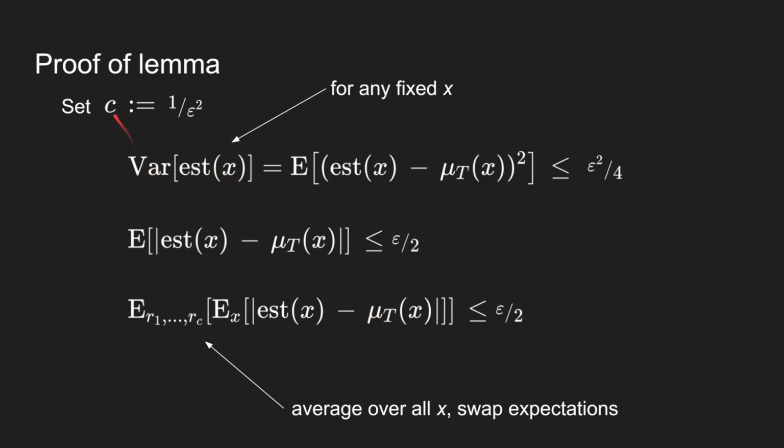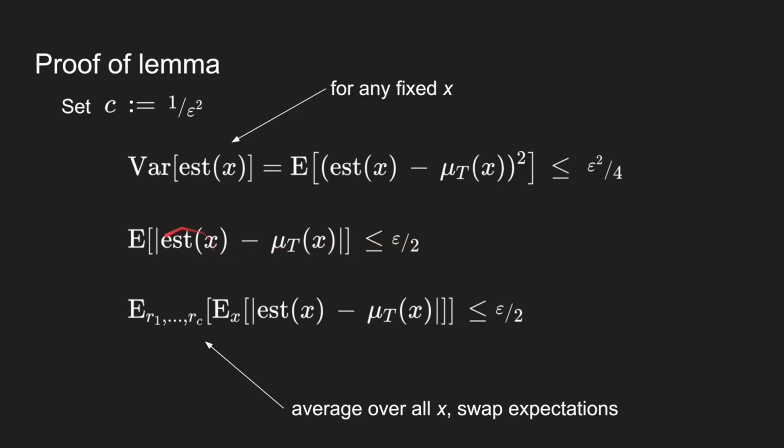Now we can set C to be 1 over epsilon squared. Then for any fixed x, the variance of the estimator is at most epsilon squared over 4 because of the setting of C. And just by definition of variance, that's also the expected squared distance between the estimator and mu_T(x). Then square root both sides, and we get that the absolute value distance is at most epsilon over 2.